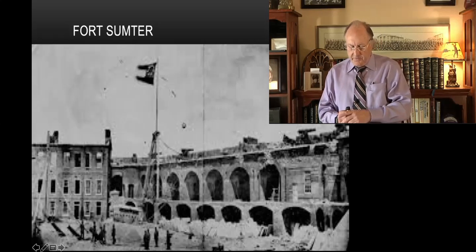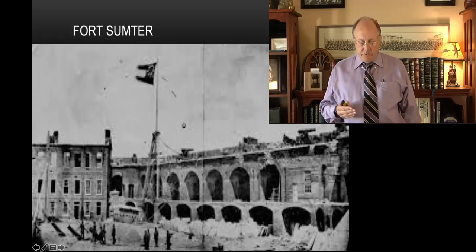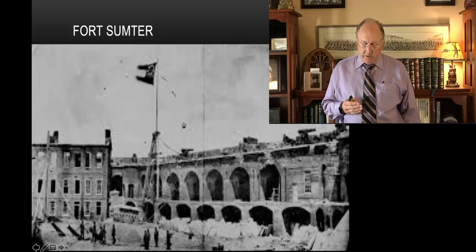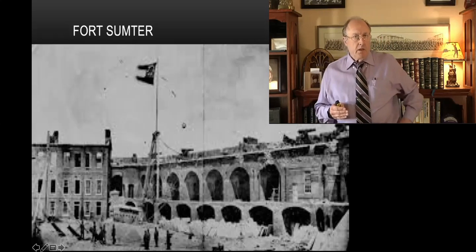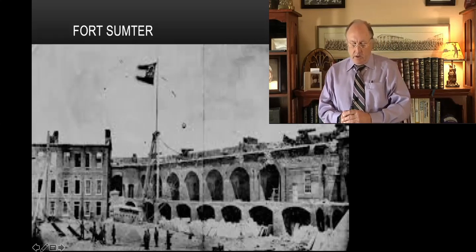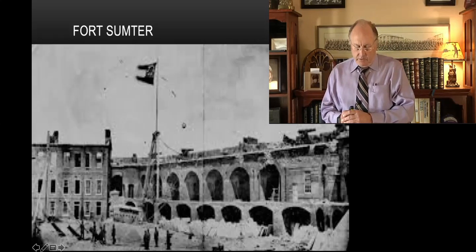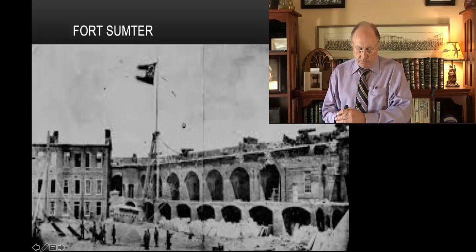On April 15th, Lincoln called for 75,000 Northern volunteers, militiamen, to put down an insurrection, a revolt that he described, and I quote now, as "too powerful to be suppressed by the ordinary course of judicial proceedings." So the police could not put down this revolt.